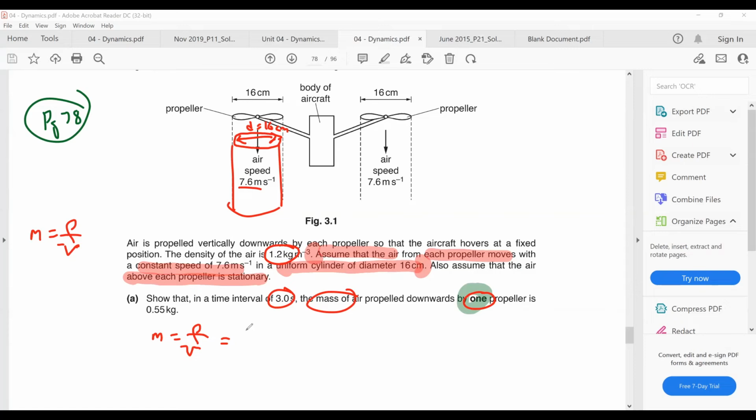Volume is area times height, and area is pi over 4 d squared, times h.